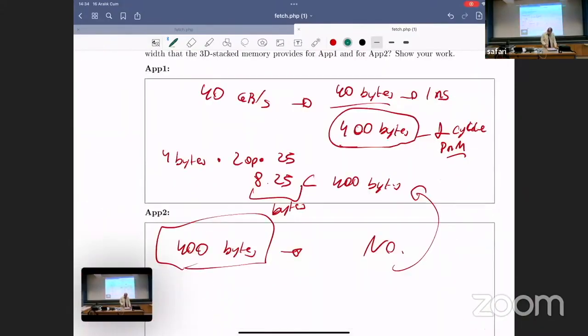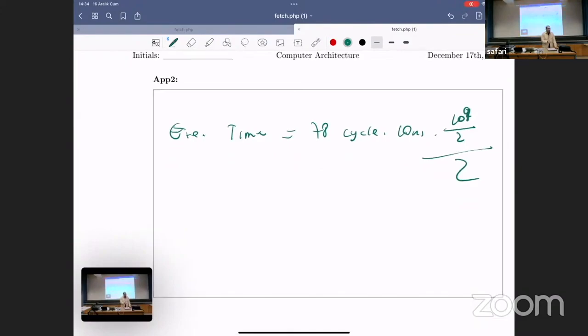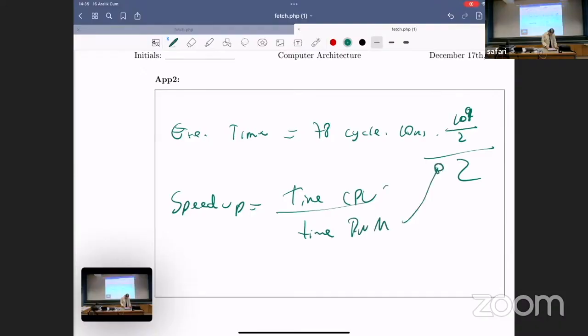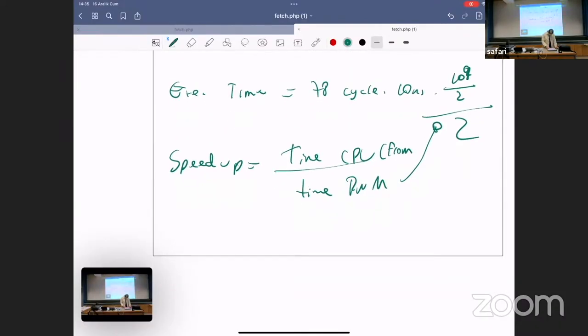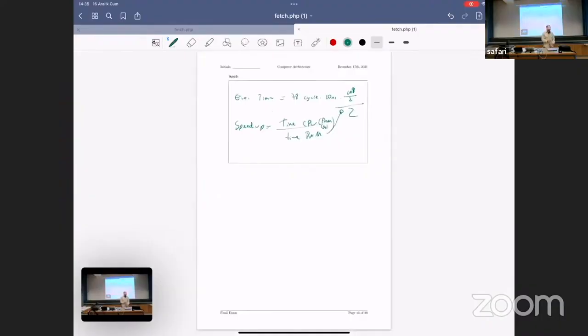So this is going to be the execution time, and then you divide by the other one for the CPU. So that's the speedup. Yes, that's it. Is there any question?